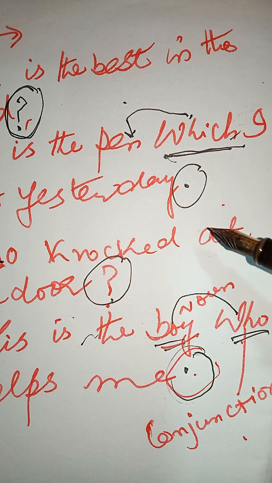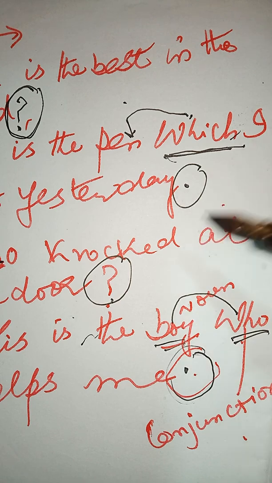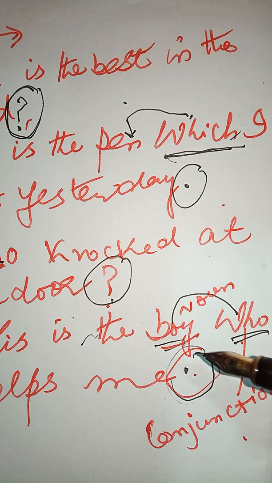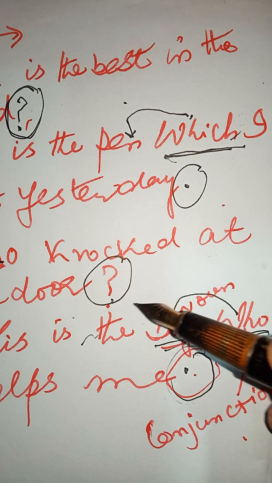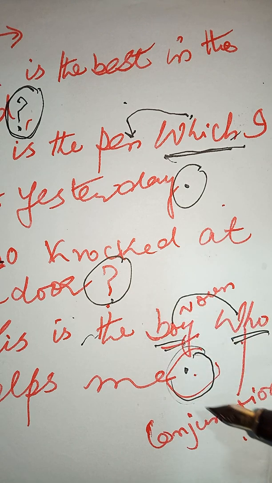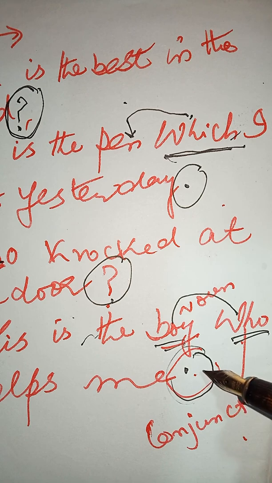But instead of asking a question, if it is used as a conjunction and joins two or more sentences, it will not be an interrogative pronoun, it will be a relative pronoun. As it is a relative pronoun, there must be a full stop at the end instead of a question mark.